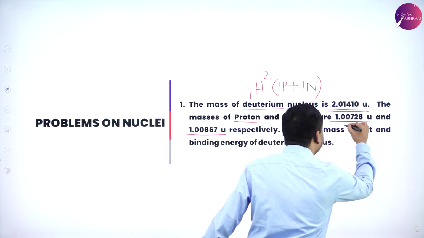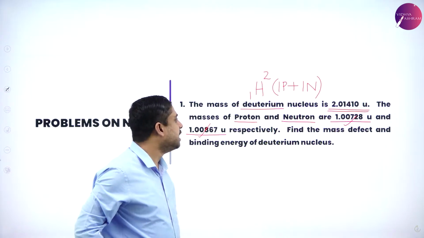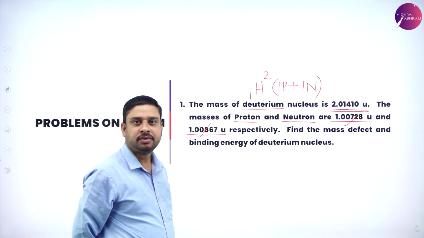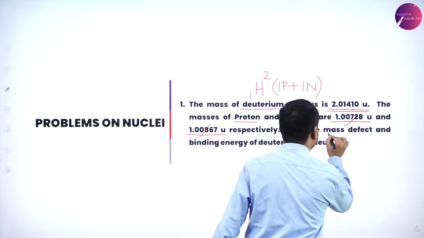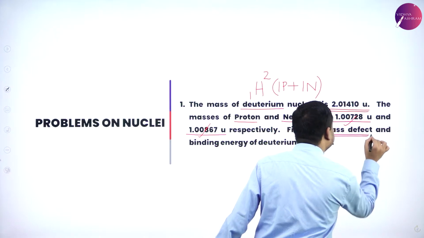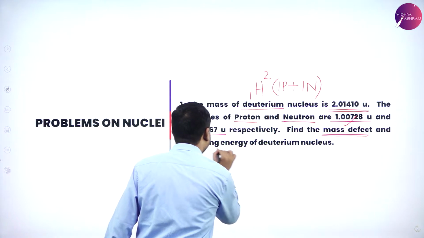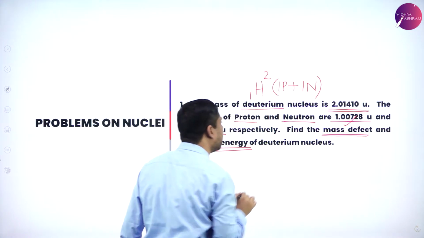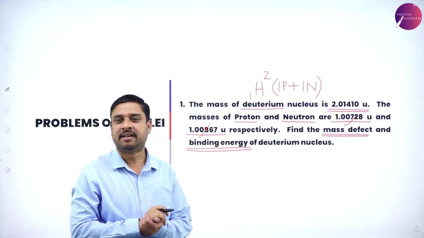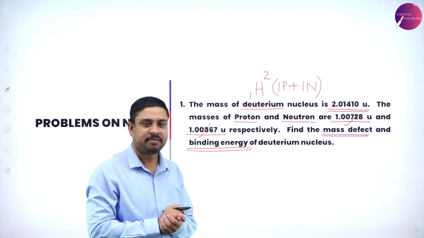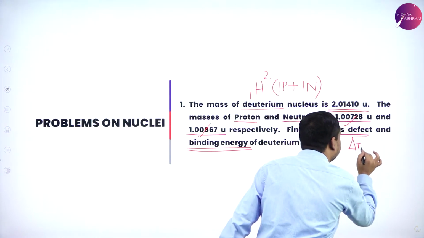So, mass of the proton is so much, mass of the neutron is so much. I have to find the mass defect and binding energy of the deuterium nucleus. Mass defect, delta M.